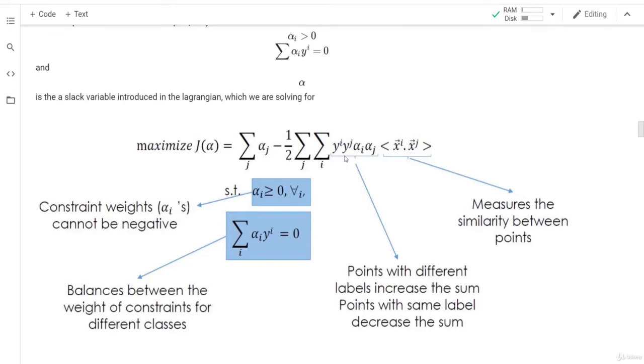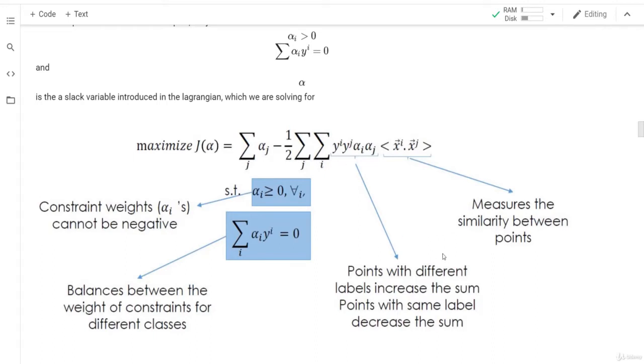If we have different labels, and the two labels we have are 1 or -1, so if the first example has 1 and the second example has -1, or the other way around, then the multiplication between 1 and -1 will be -1, times the negative it will be 1, so it will increase the sum.